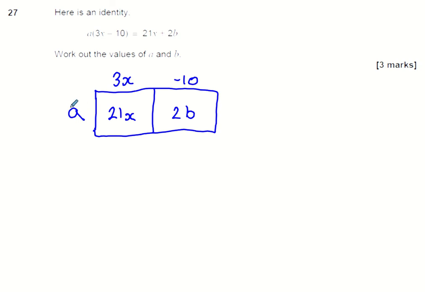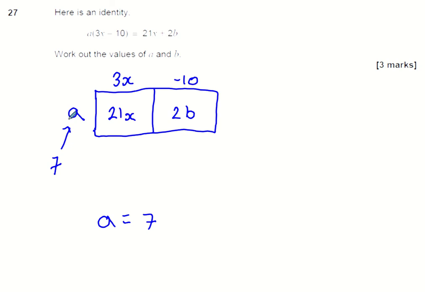We can work out what A is because we know that when we take this number, whatever it is, and multiply it by 3x, I'm going to end up with 21x, which means that A has to be 7. 7 times 3x is 21x, so immediately we can say that A is 7.